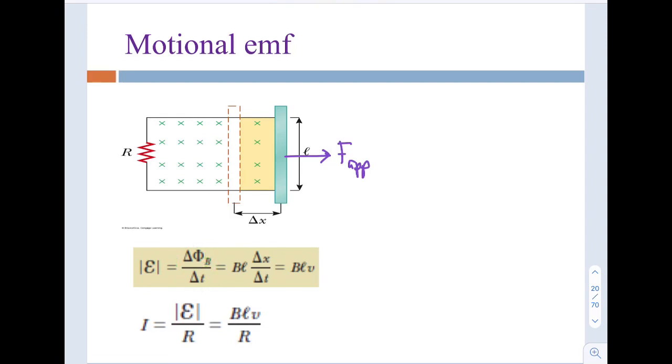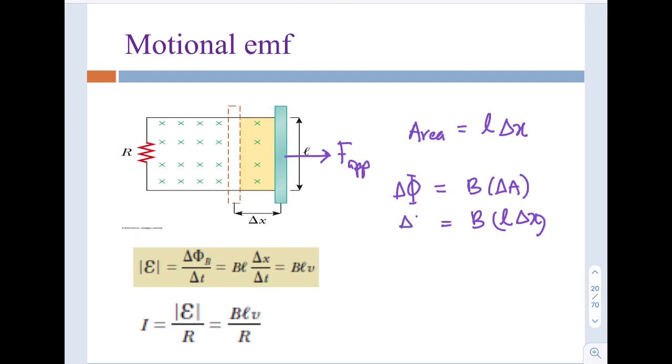The one that is changing right now is the area, and the area in this situation is L times delta X. So the change in flux is caused by the change in area, which is B L delta X. If you're talking about the rate of change of flux over time, then delta X over time will be the velocity.